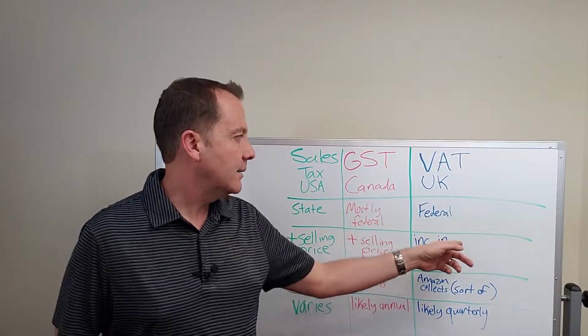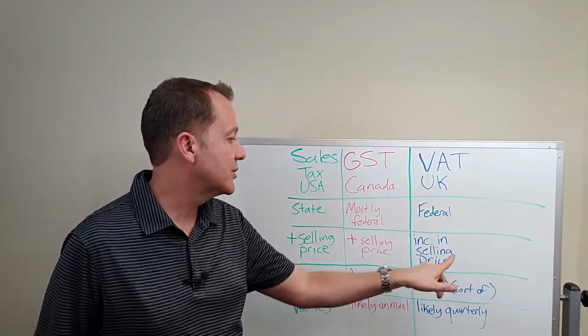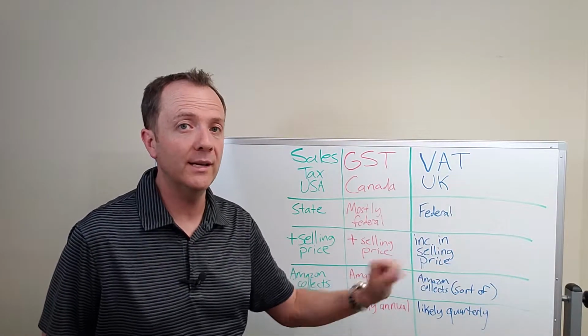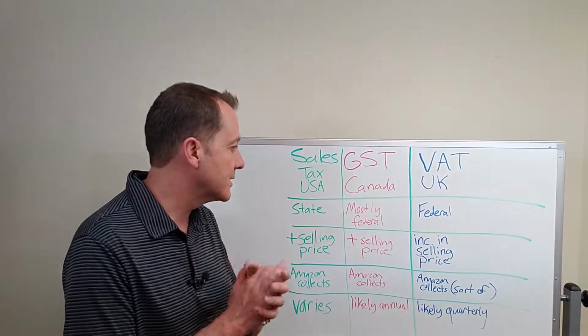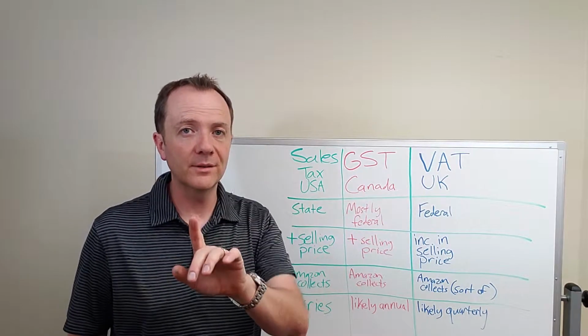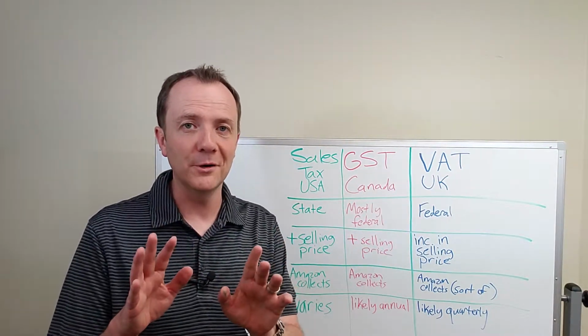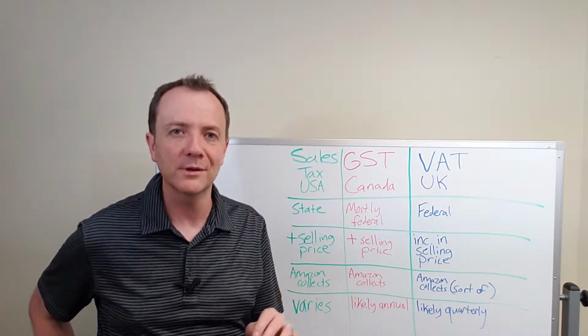And in the UK and Europe, it's a little different because the tax is generally going to be included in the selling price. In the UK, as I record this, it's 20% VAT, but you're going to have to do a little bit of algebra. It's not that complex when you get going. There's software and accountants that can help you with all this.